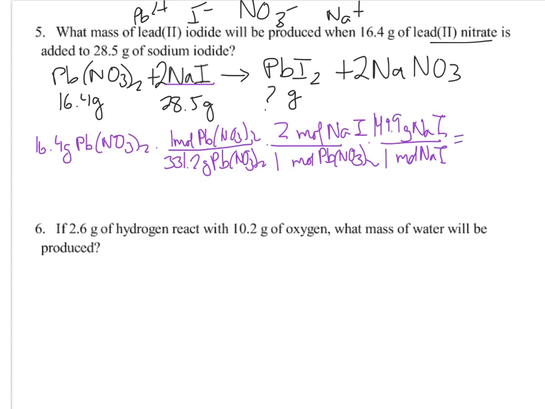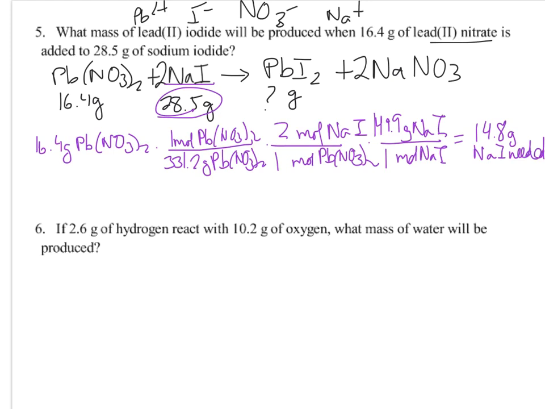You go ahead and calculate that. You end up with 14.8 grams of NaI needed. So I need 14.8 grams of NaI. Do I have enough NaI? Yes, I do. I only need 14.8. I have 28.5.